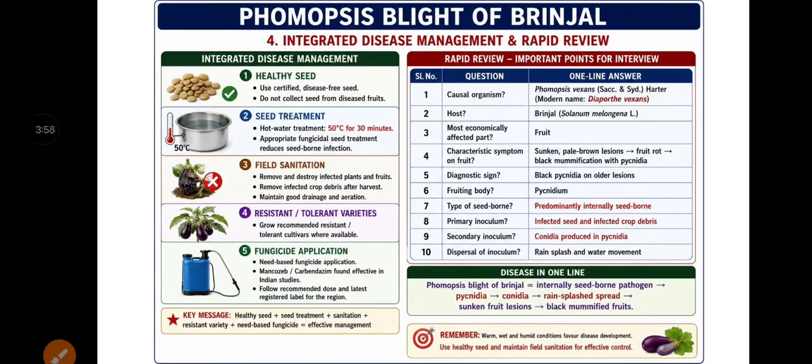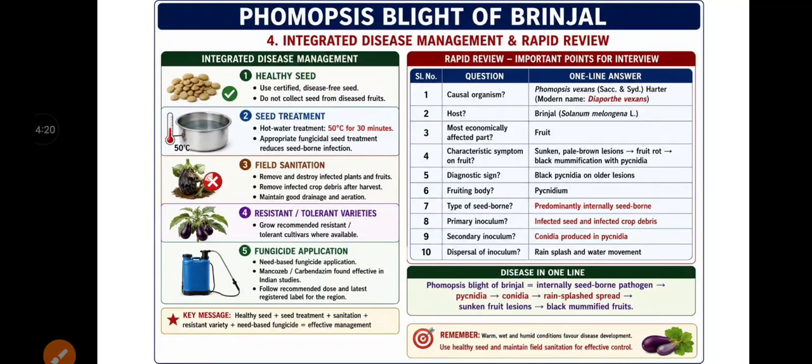Before discussing the management, I will tell some quick points that you should remember. Before deciding the management practices, first think about where the primary source of inoculum comes from.